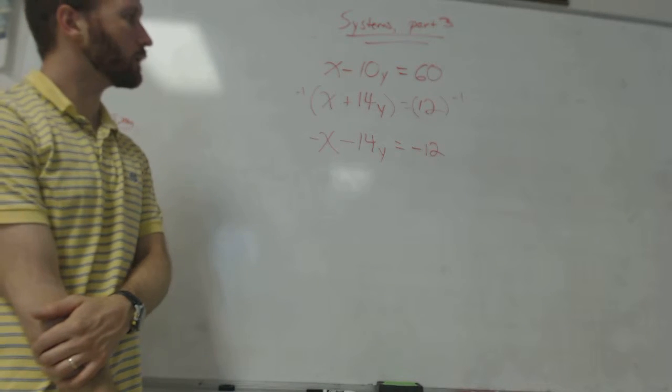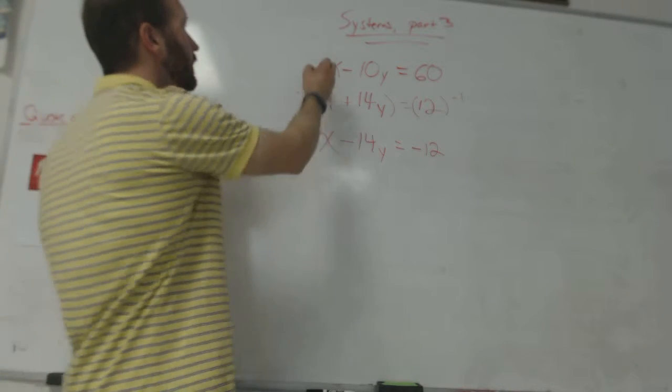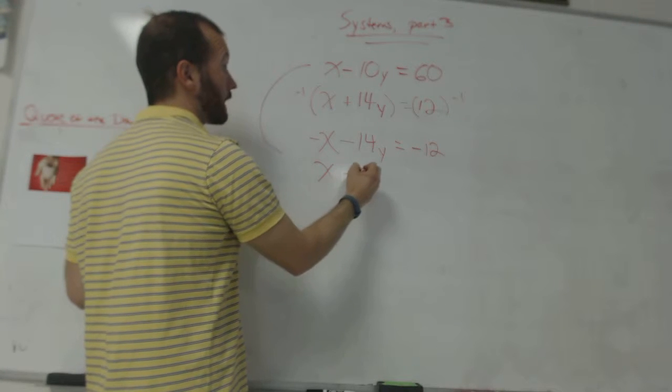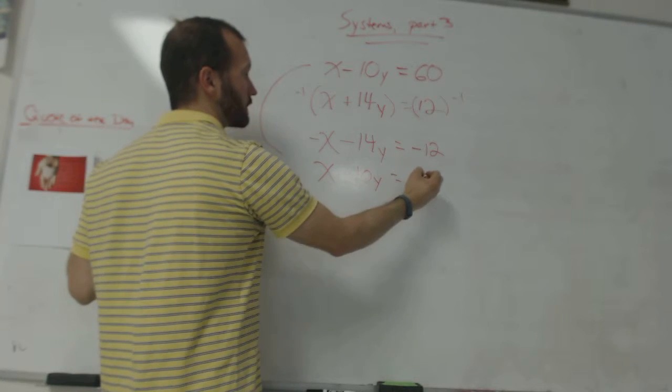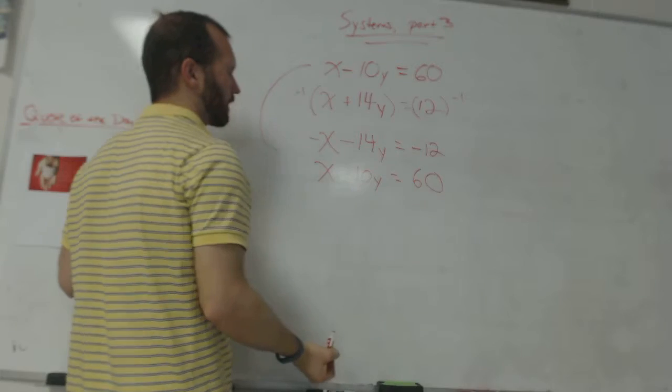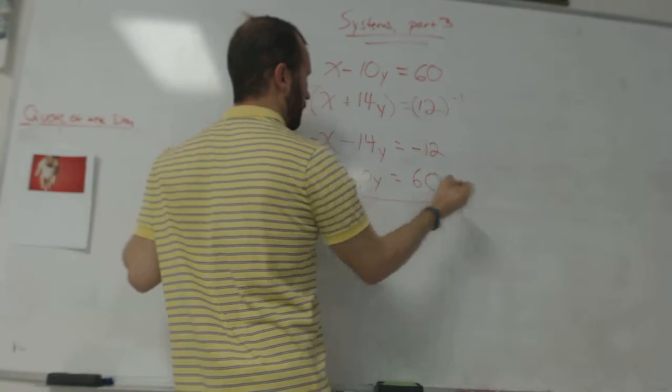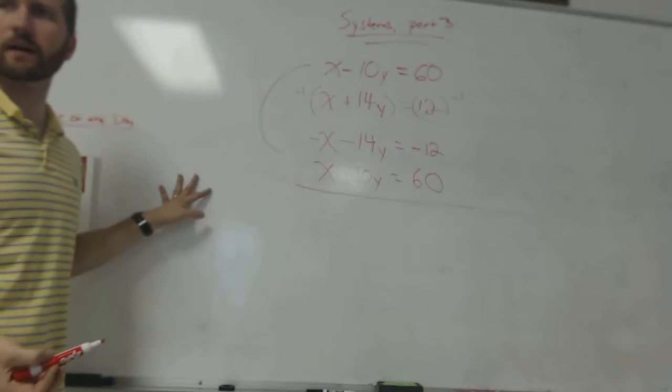Alright, now I'm going to rewrite this top equation, x minus 10y equals 60. I have to add these together. What is negative x plus positive x?